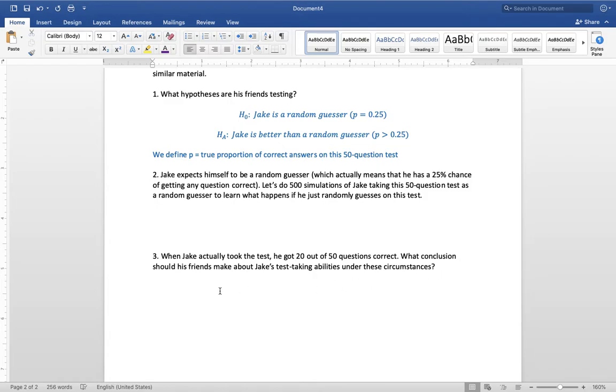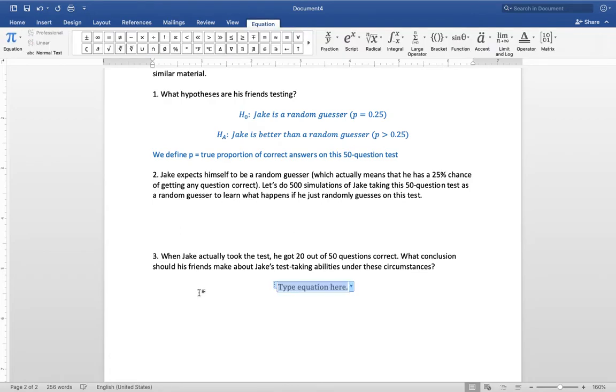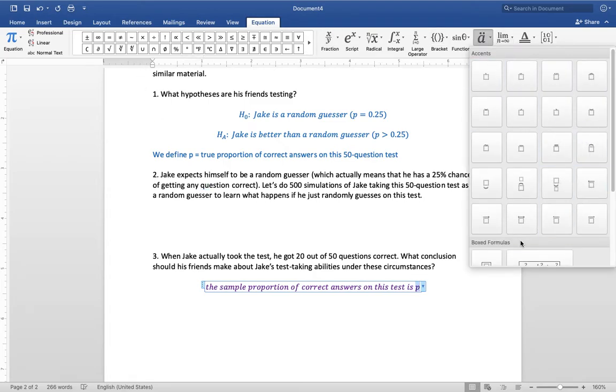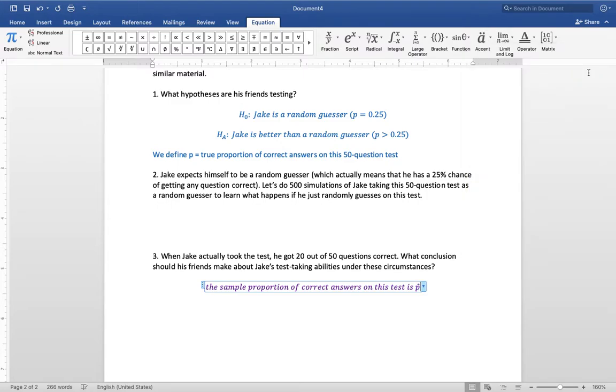So Jake actually got 20 of 50 questions correct. So we call that the sample proportion. So p-hat, the sample proportion of correct answers on this test, we write that as p with a hat, is equal to 20 out of 50, which is 0.40, which is 40%.